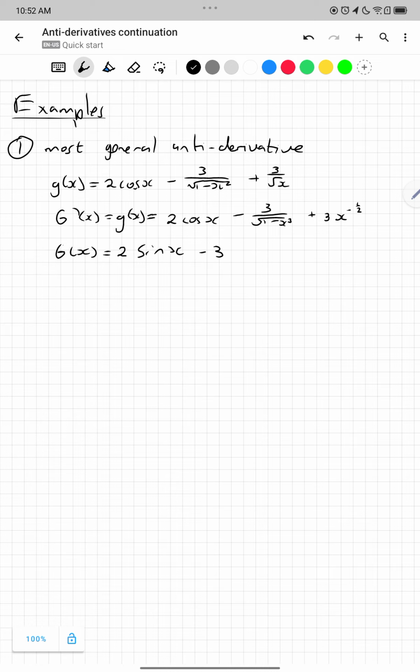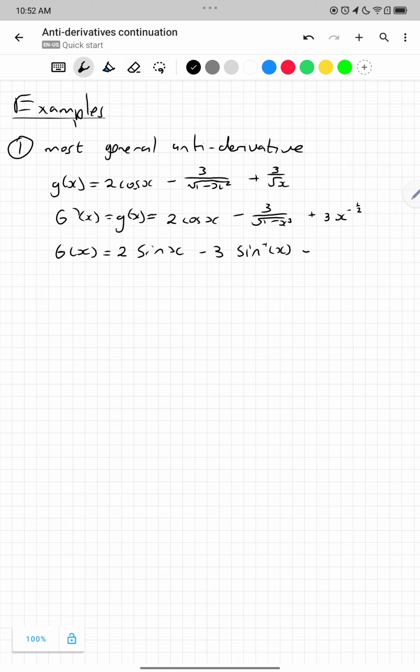And then 1 over root 1 minus x squared. The antiderivative of that is arc sine x. Right?